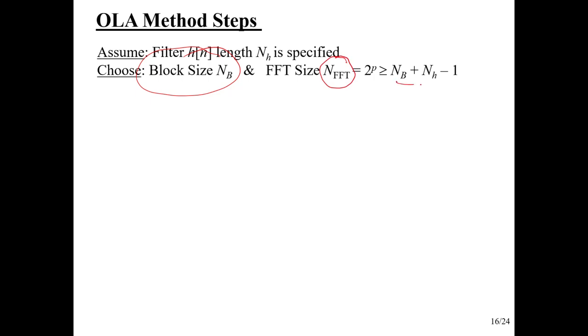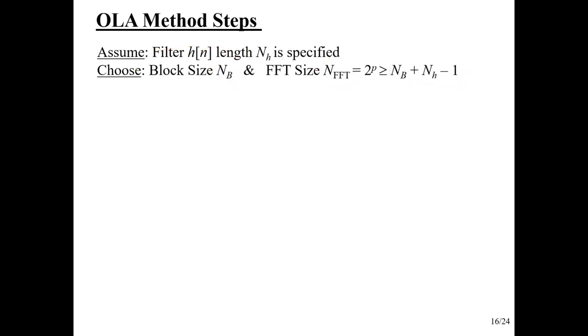So there's the thing that we have to zero pad out to make us get linear convolution. So our FFT size has to be at least that big. So we would zero pad our signal block out to at least this, and we would zero pad our impulse response out to at least this.